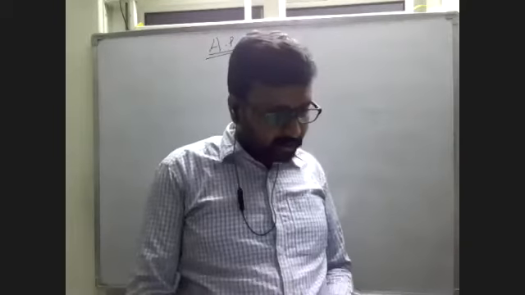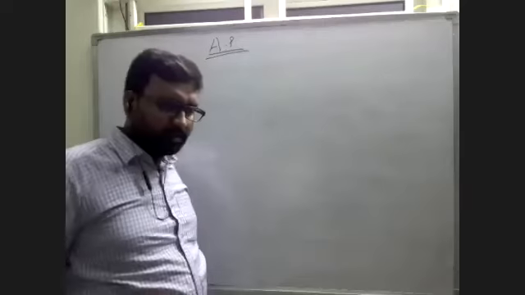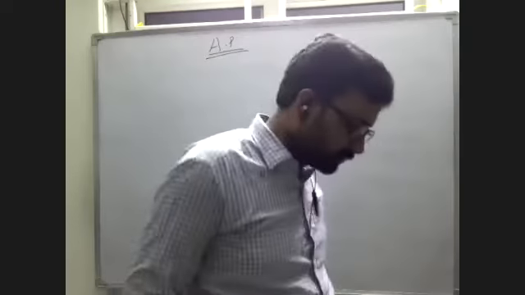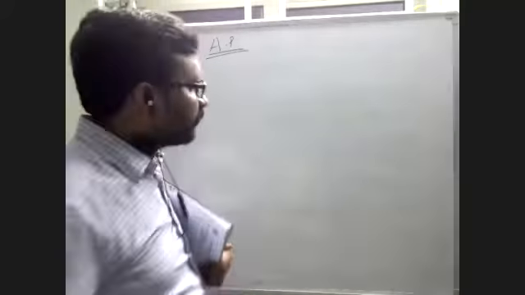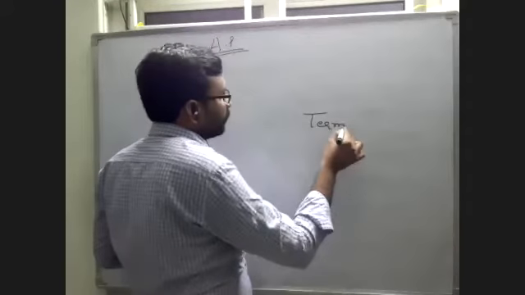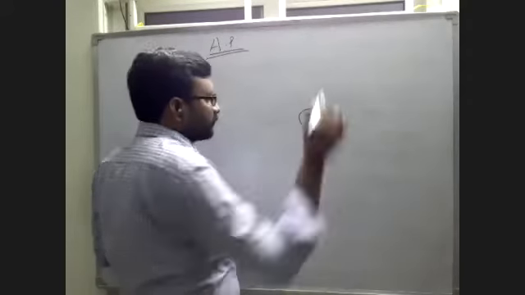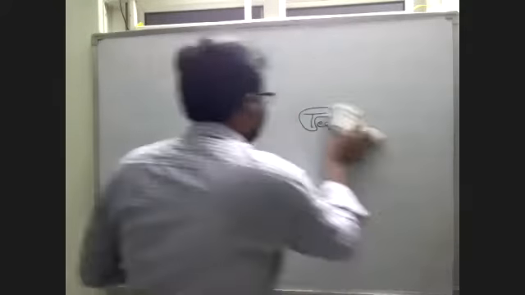Here it is given with an example. Here Tn, T means term, from the letter of the word term, T-E-R-M. We are using this T as the notation for term.